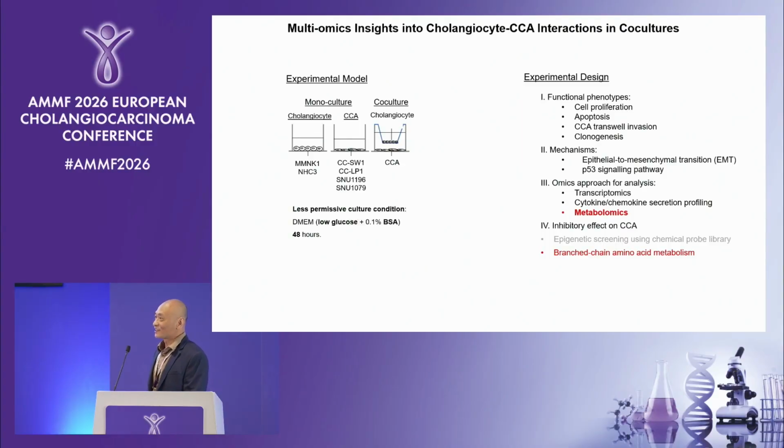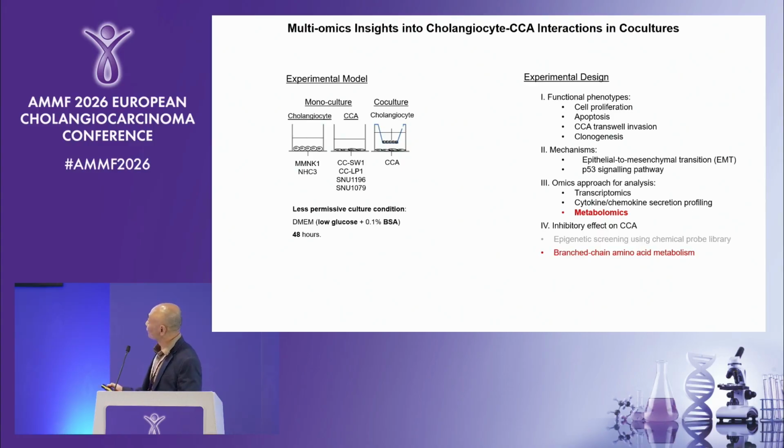To address this, we set up a co-culture model growing the cholangiocyte line MMNK1 and the human primary cholangiocyte line NHC3, kindly shared by Professor Banalis, with cholangiocarcinoma cell lines.